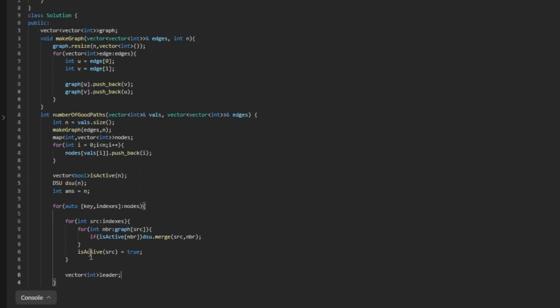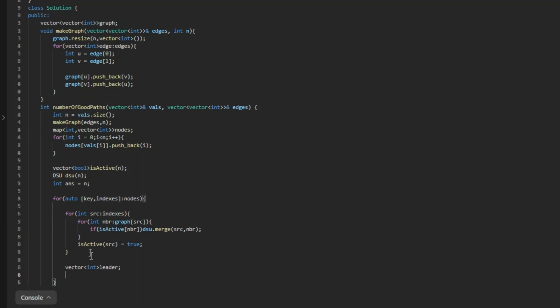Then we will count the leaders and find whether the nodes have the same leader, and count the possible good paths contained in that component.